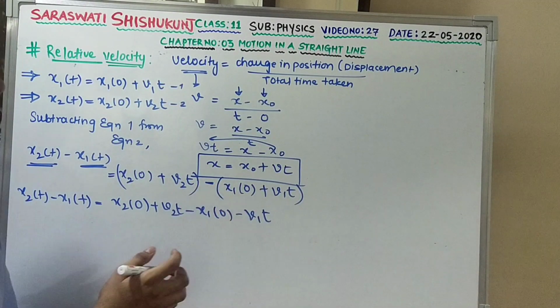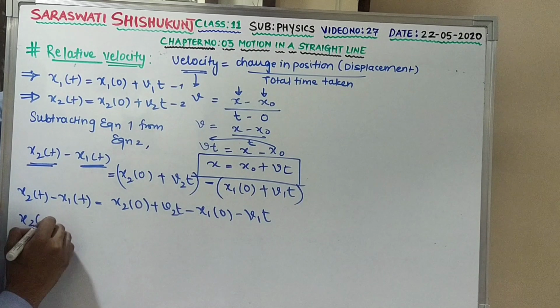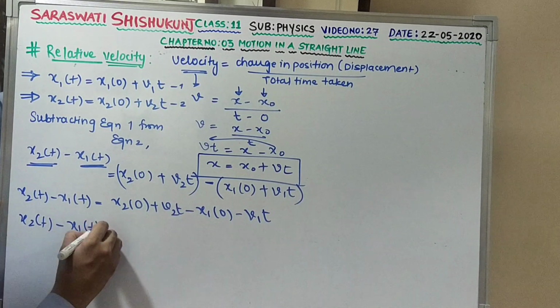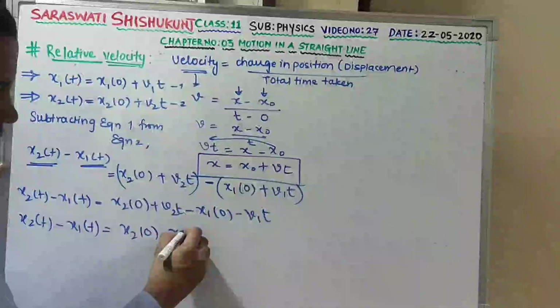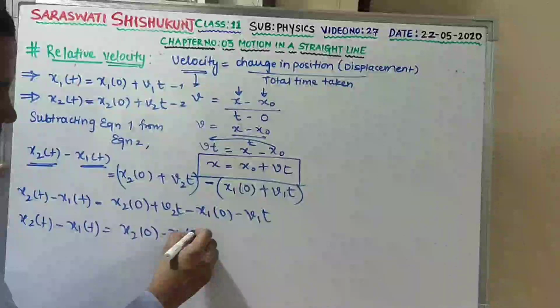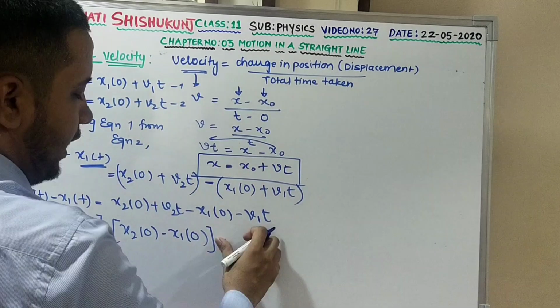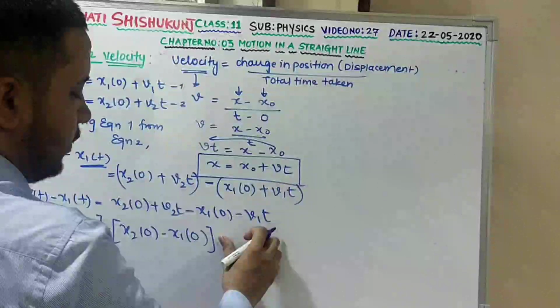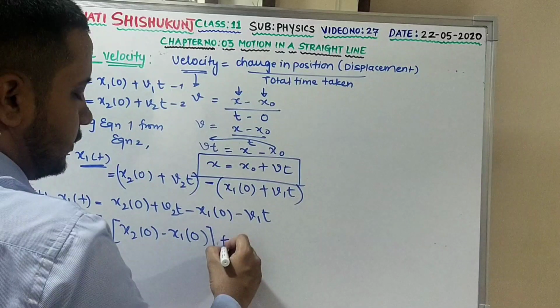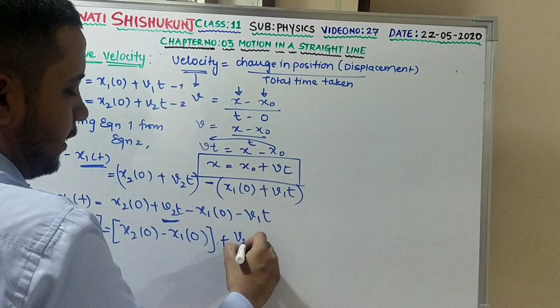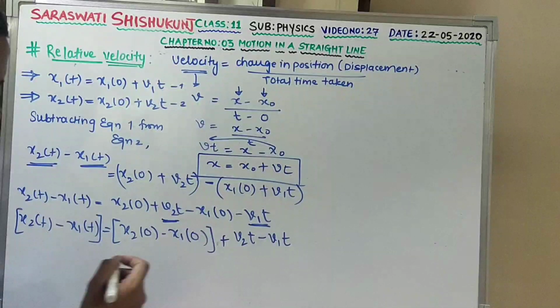This minus will enter inside. So x2t minus x1t is equal to x2 0 minus x1 0; I am separating the initial condition terms. Plus I have two terms: first is v2t and second term is minus v1t.